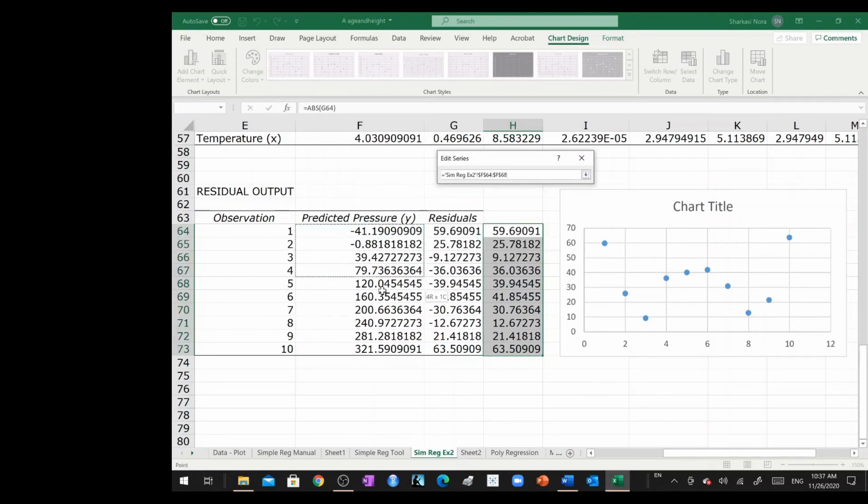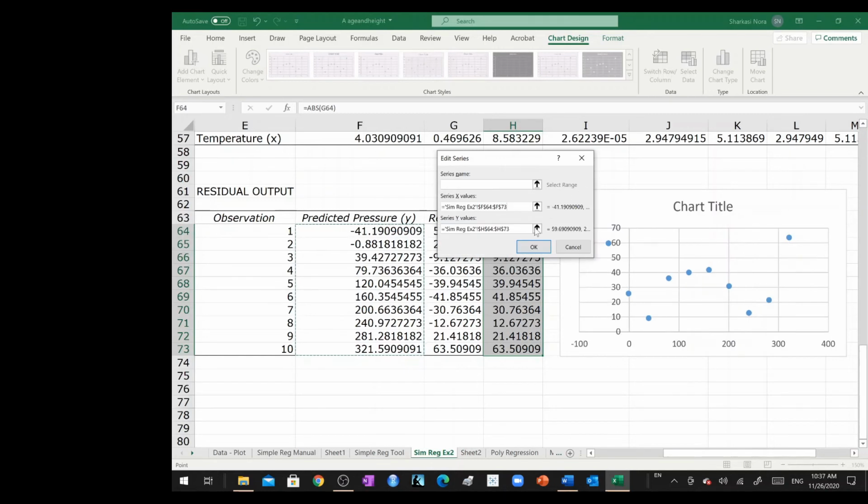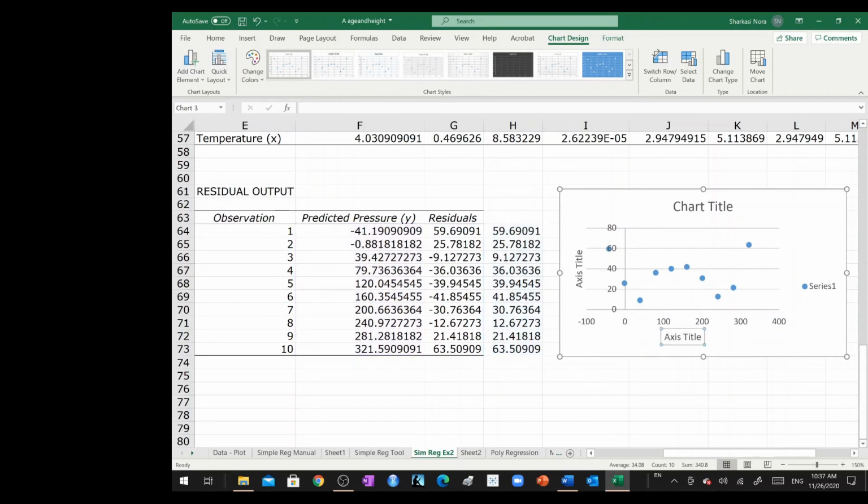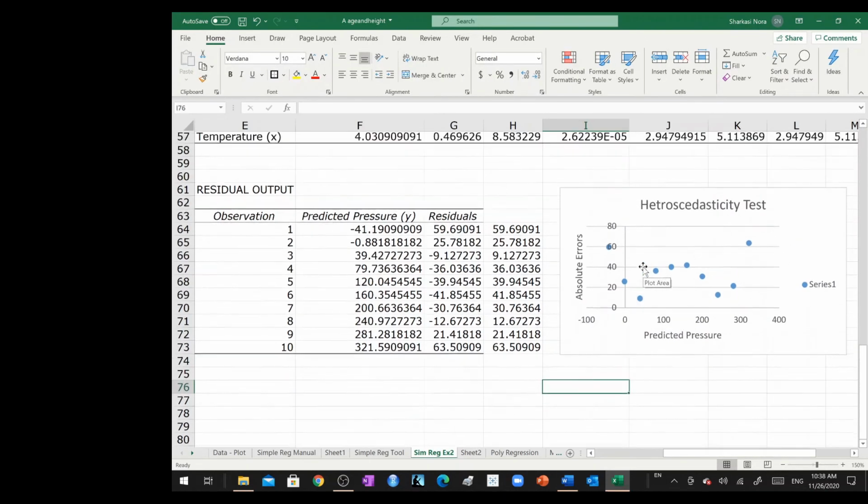So for the x values, I'm going to put the predicted values. And I would like to label them here: predicted pressure, and here the absolute errors. And this is the heteroscedasticity test. Let's hope that I wrote that correctly.